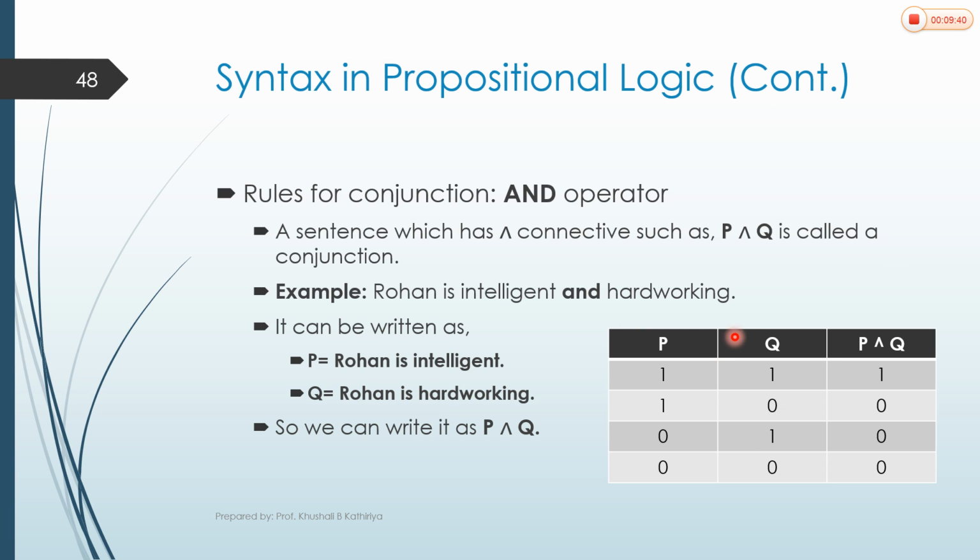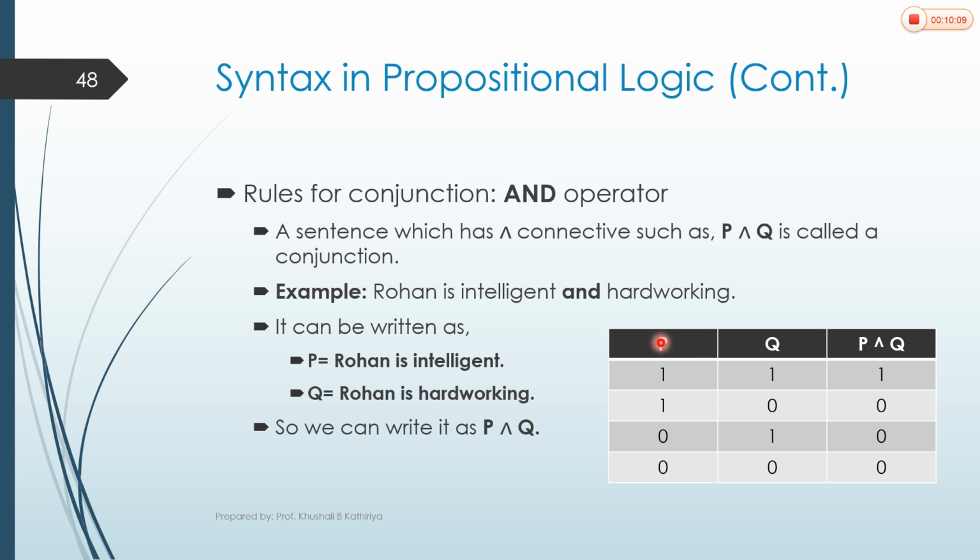Now we derive the truth table from P and Q. What are the possibilities for P and Q? If we have two propositions, then we have four possibilities.